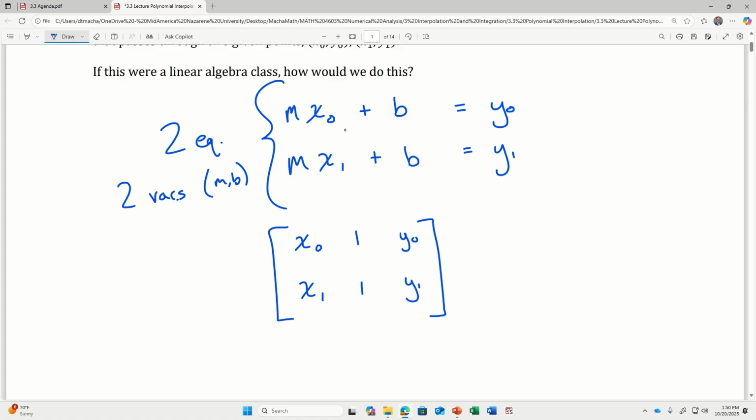And then you could do something like complete row reduction so that you make the 2 by 2 matrix on the left look like 1, 0, 0, 1, and then the vector in the rightmost column is going to have entries m and b, right? That's how you solve it the linear algebra way.